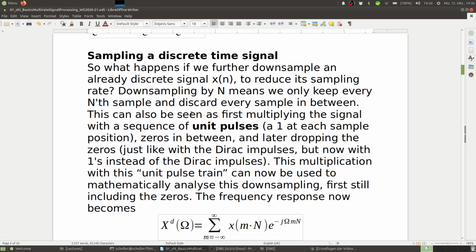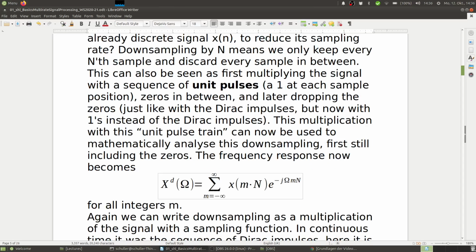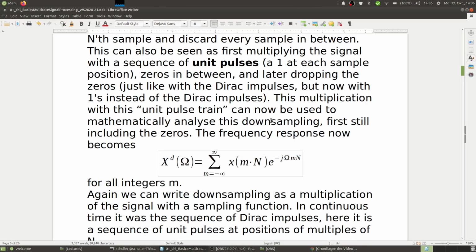This can also be seen as first multiplying the signal with a sequence of unit pulses, so here it's not Dirac but just unit, which means we have a 1 at each sample position that we want to keep, and zeros in between. So basically we zero out the samples that we don't want to keep. And later we drop the zeros. So it's just like with the Dirac impulses, but now with the ones instead of the Dirac impulses.